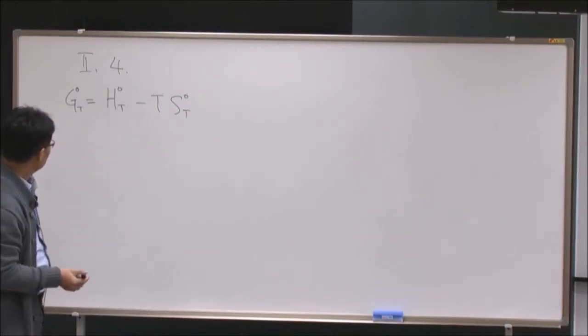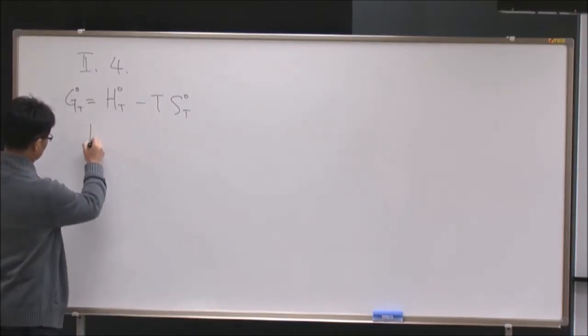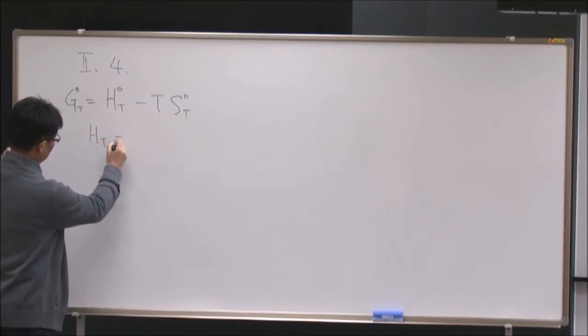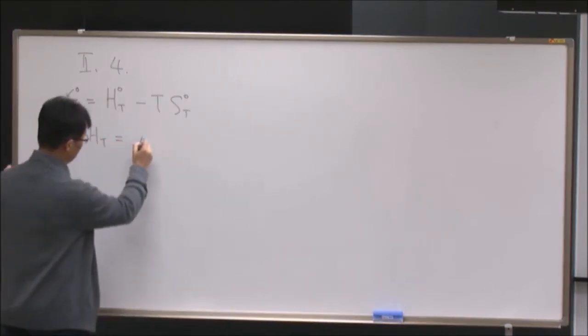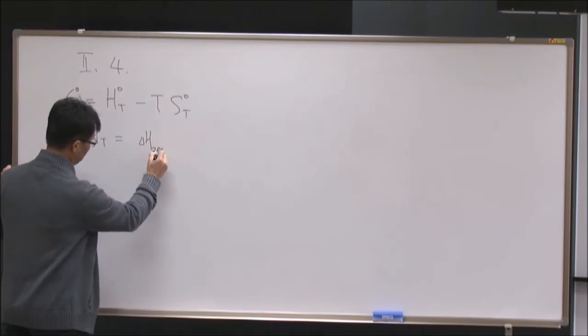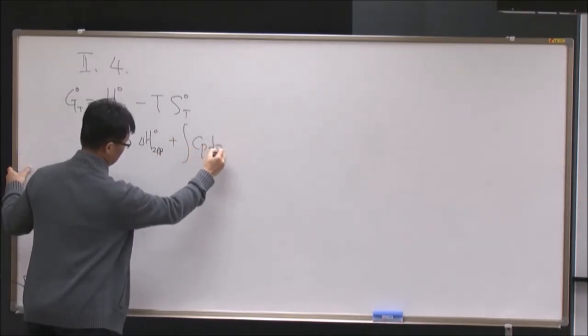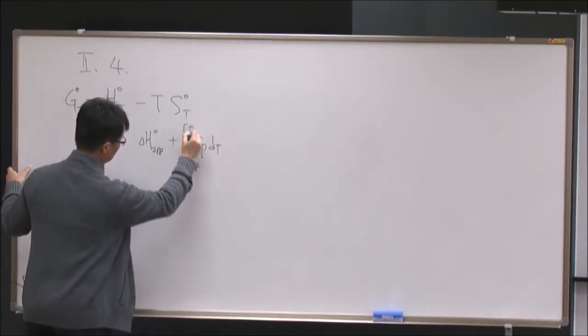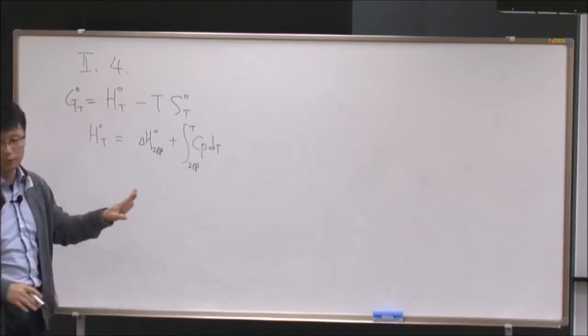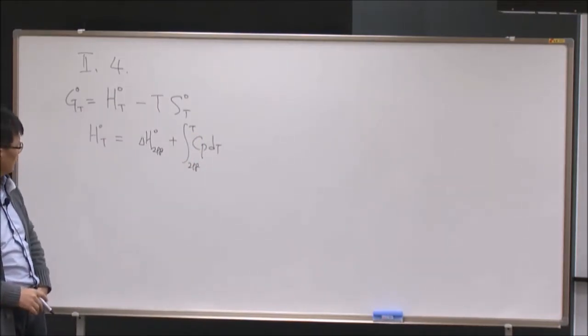Okay? Now H at the T is typically defined by delta H 298 plus the integral of heat capacity dT from 298 to the certain temperature if there is no phase transformation. Okay?